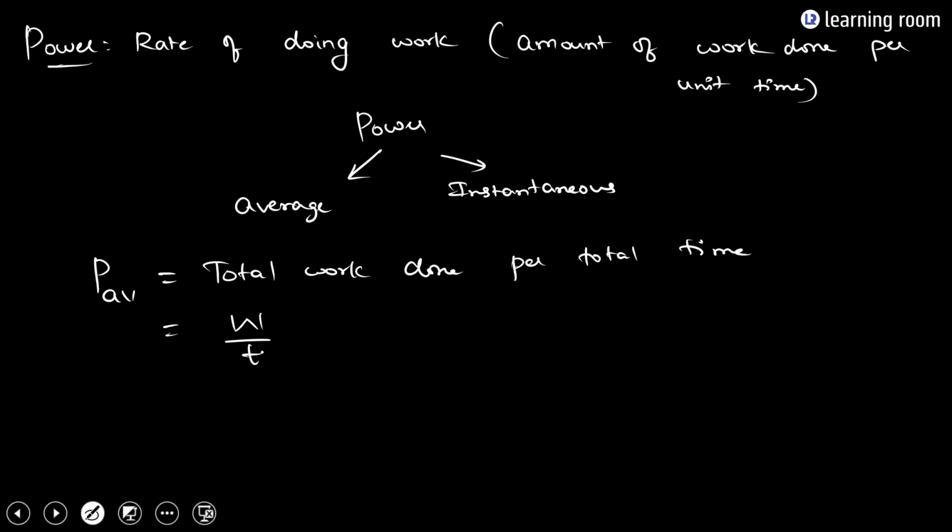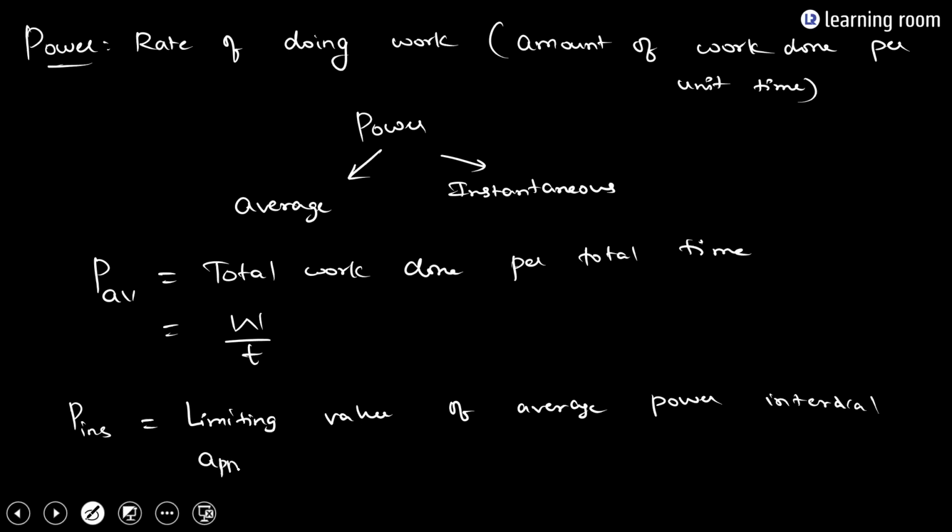The next value that we can define is instantaneous power. So instantaneous power is defined as, write it down, the limiting value of average power as the time interval approaches zero.